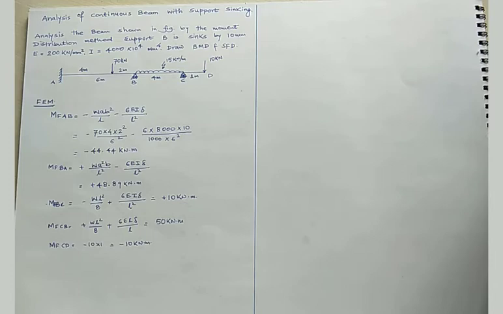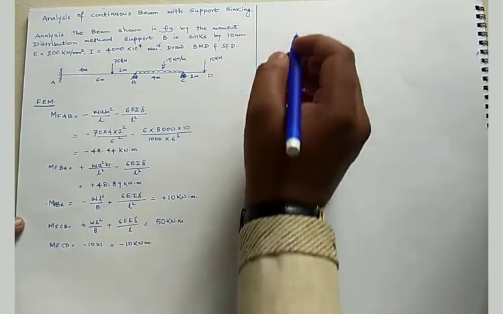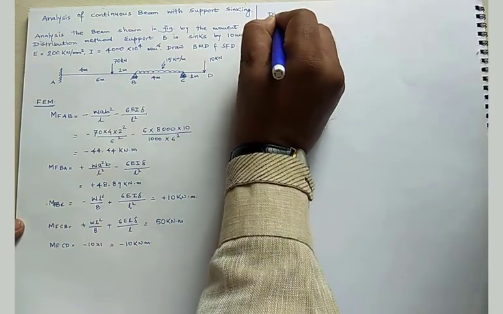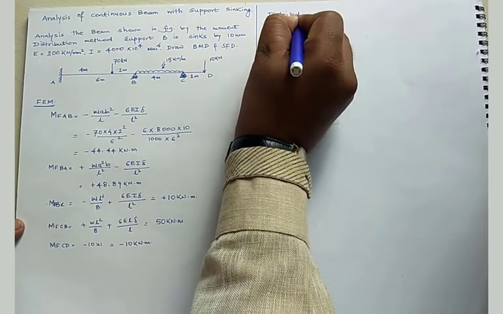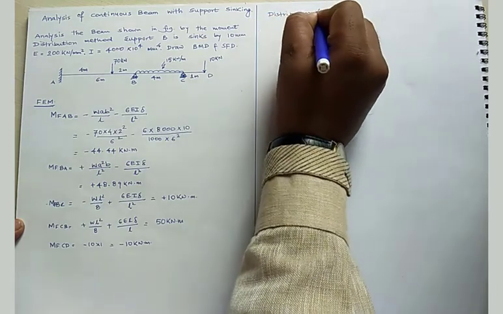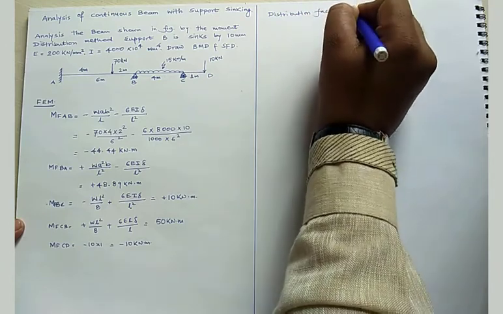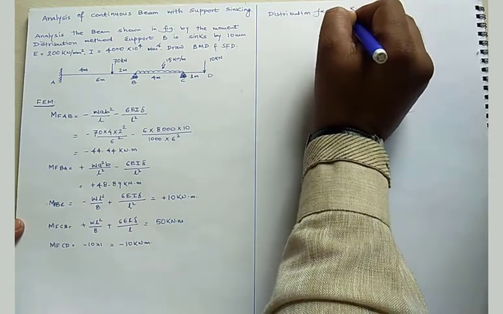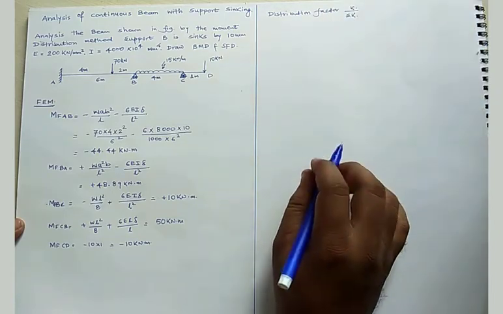Now we will move to the next step, that is the calculation of distribution factor. The equation is the relative stiffness of the member to the sum of the relative stiffness of the joint.